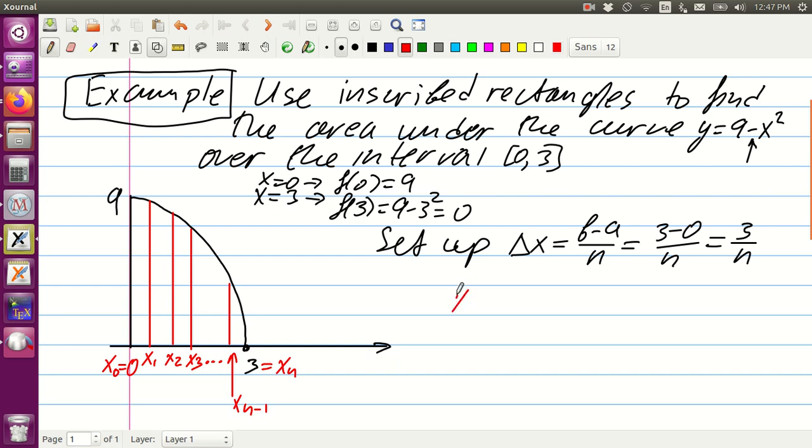So what would be x sub 1 in this case? We know x sub 0 is 0, so we have to step delta x units to the right.